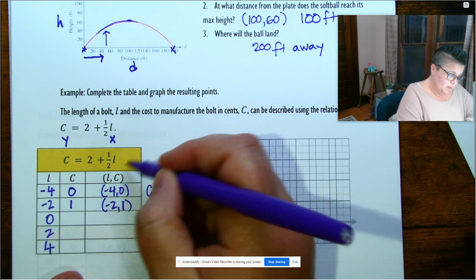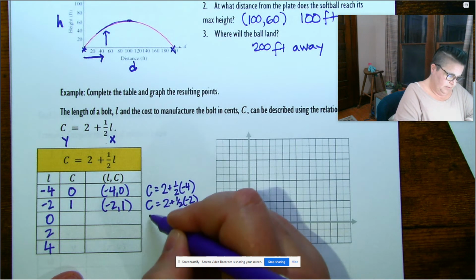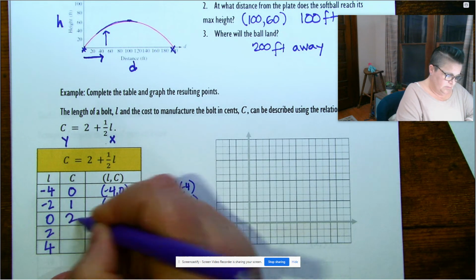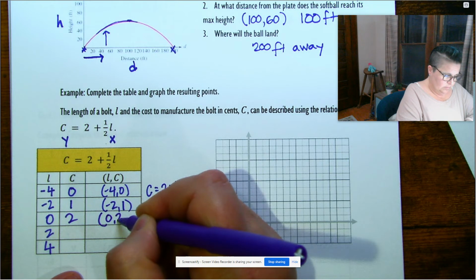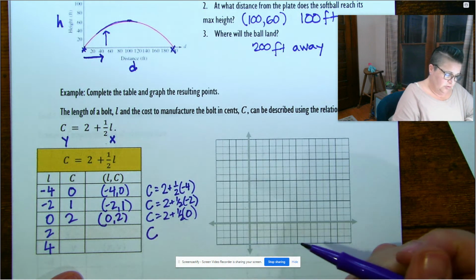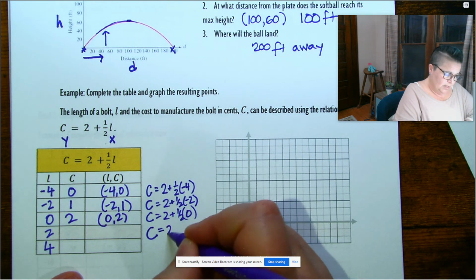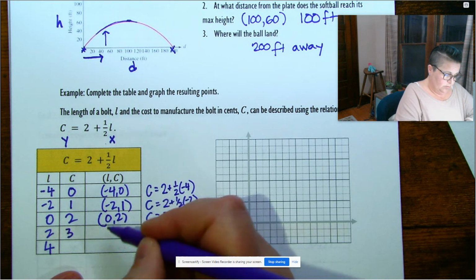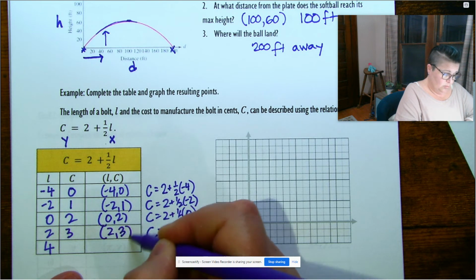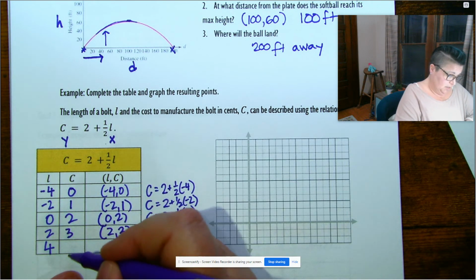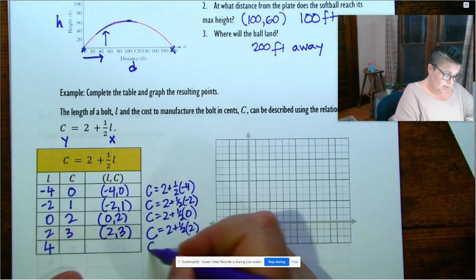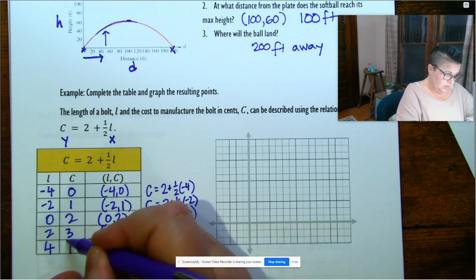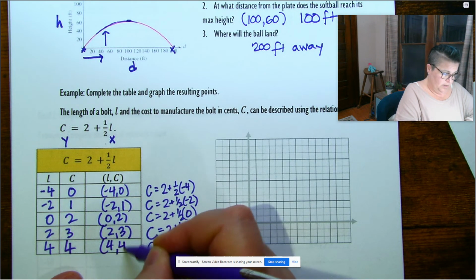If there's no additional length, the cost would be 2 plus 1/2 of 0. That's just going to be 2. That makes sense. If the extra length is 2, then I have 2 plus half of 2, which is 1. So that's going to be 3. And if I have an extra length of 4, the cost is going to be 2 plus half of 4, which is 2. So that's 4. 4, 4.